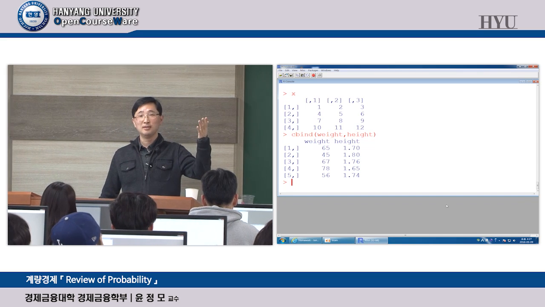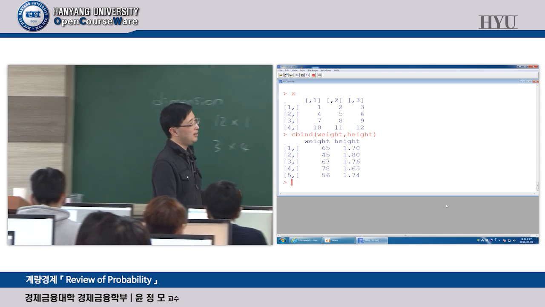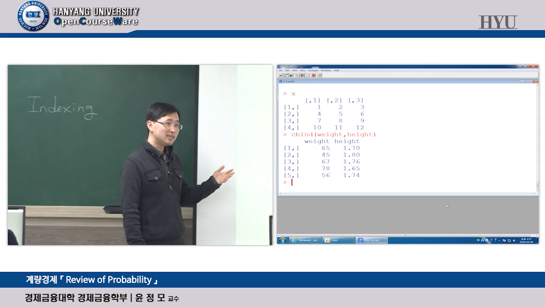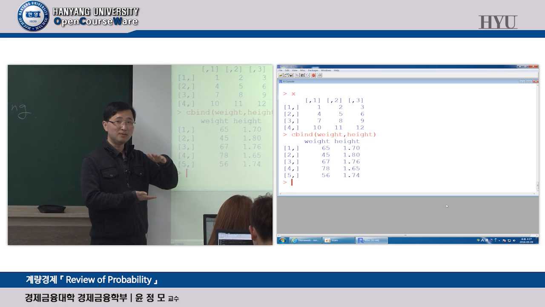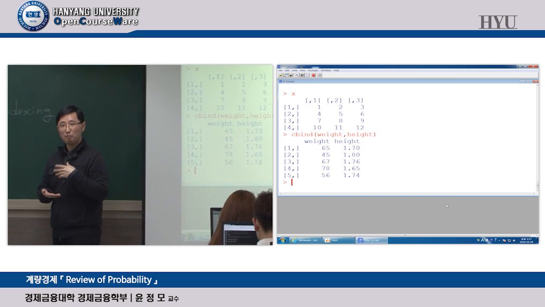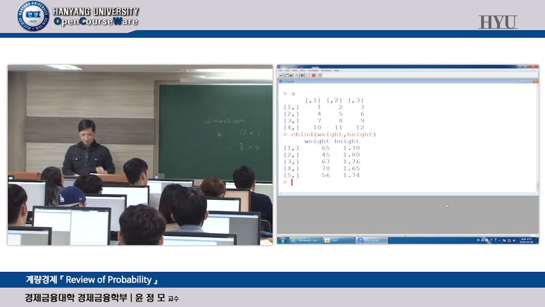Can you have more than one condition? Yes, you can. Suppose that the condition is the height is between 1.65 and 1.75. So it's a combination of two conditions, right? Bigger than 1.65 and less than 1.75.